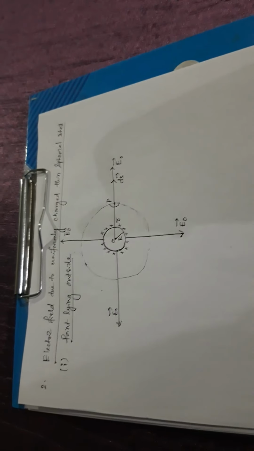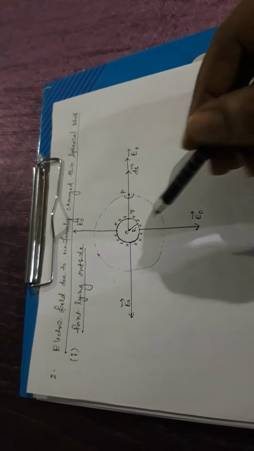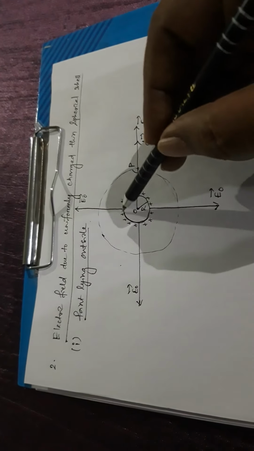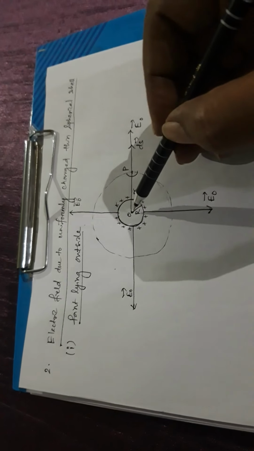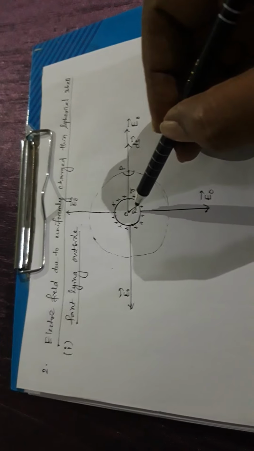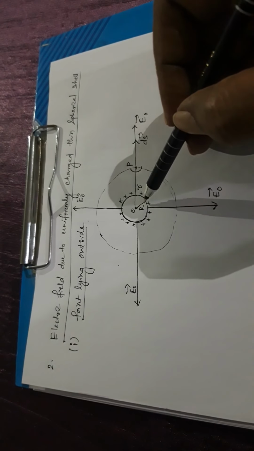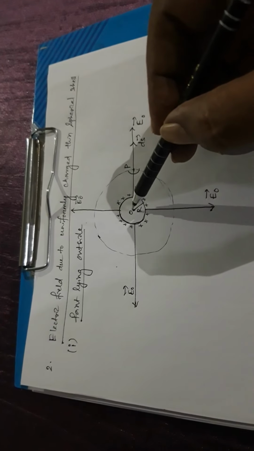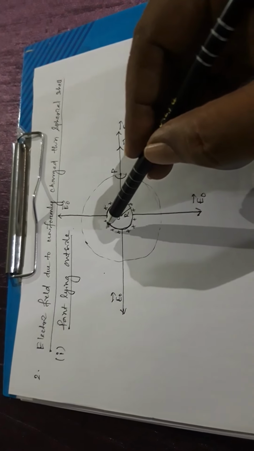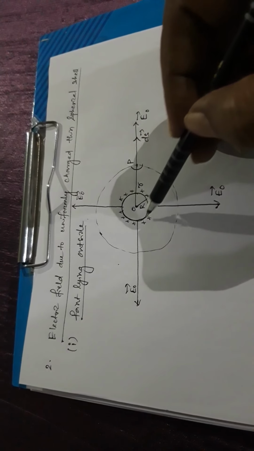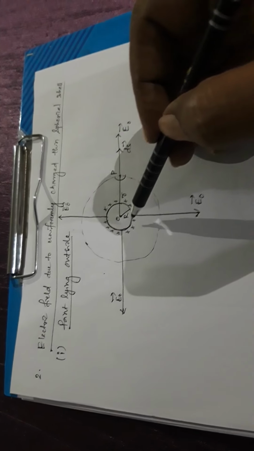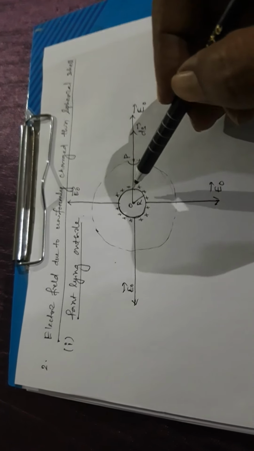Now here you see, students, we have considered a thin spherical cell of radius capital R. Keep in mind, capital R is all the time the radius of the thin spherical cell with center O. Now the positive charge is distributed uniformly on the surface of the spherical cell because it is charged, so the charge has to be distributed and the charge is Q.